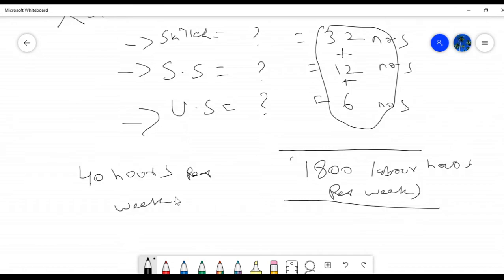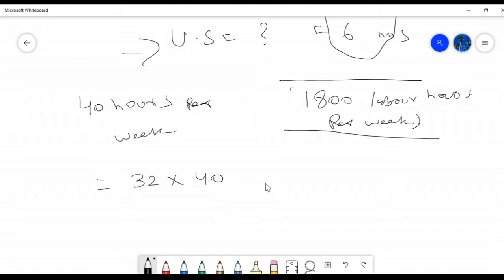Actually, 40 hours per week, per person per week. So 32 is my standard number. If I apply 32 into 40, what will come?